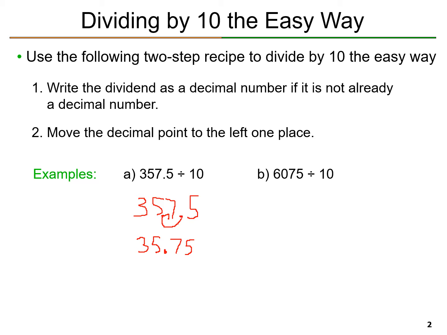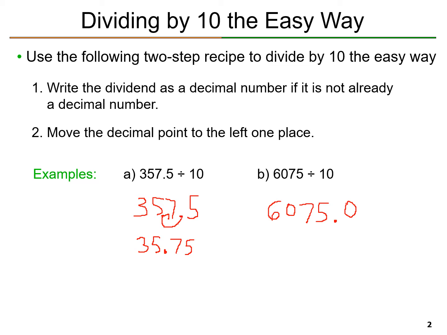In example B, we're going to divide 6,075 by 10. Now this time we have to implement step 1 because the dividend 6,075 is not already a decimal number. So let's go ahead and write it as a decimal number: 6075, and then we add the decimal point and a 0.